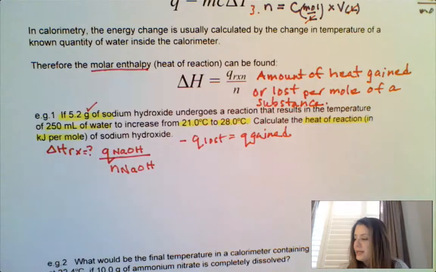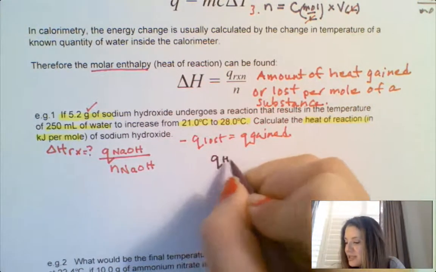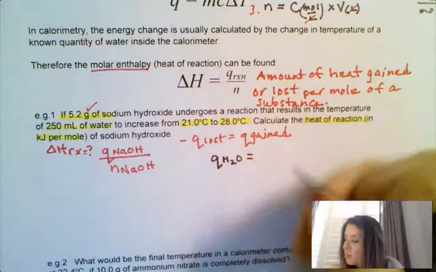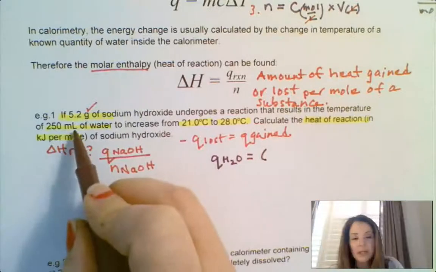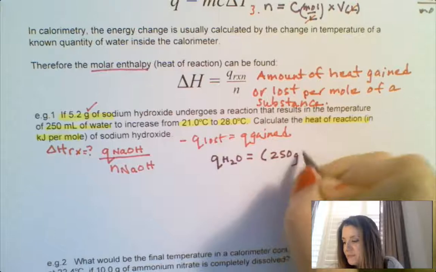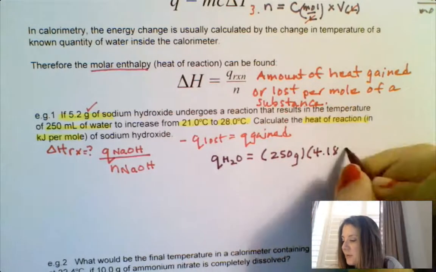So let's go ahead and do that over here. I have enough information to calculate Q of the water. I know the mass of the water is 250 milliliters, and I can equate that to 250 grams. Specific heat capacity for water, I have memorized.